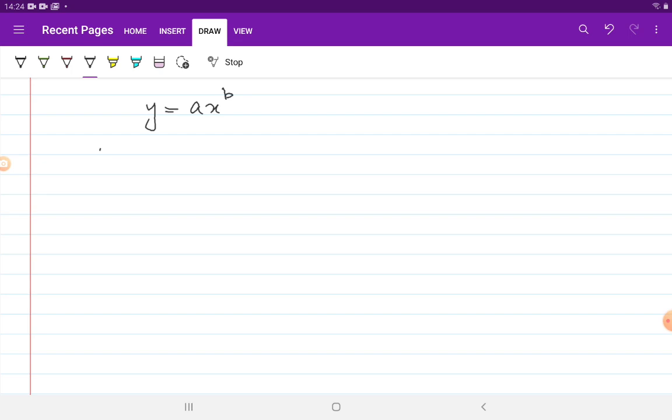And when you have an equation of this sort, the easiest way to get a linear form of this equation is to take logarithms on both sides.